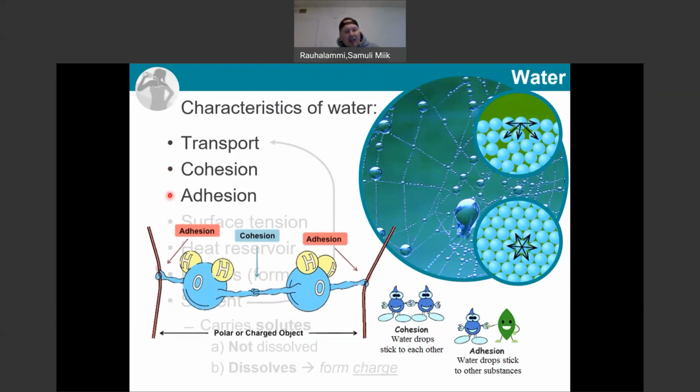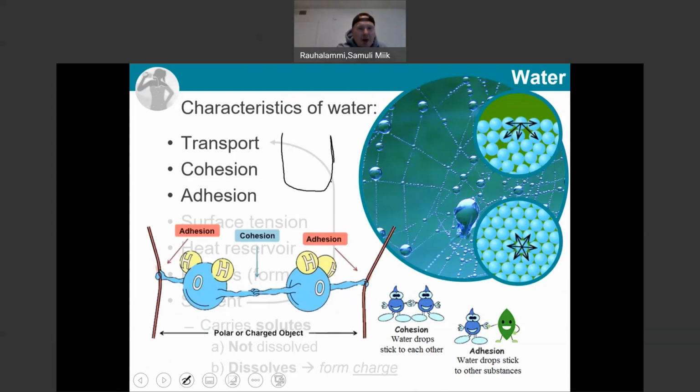The term adhesion instead refers to the fact that water molecules tend to stick to surfaces, especially polar surfaces. By polar surfaces, I mean surfaces that carry either positive or negative charge. Water molecules tend to stick to those as well. Some examples of that we can see in nature, such as cobwebs, with water droplets attaching there and forming larger droplets as one water molecule is attracted to another. We can also see this if we look at a drinking glass.